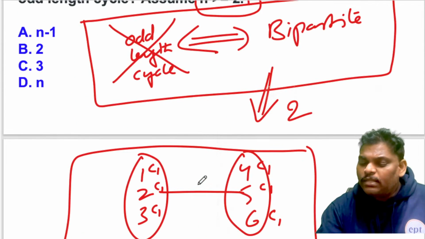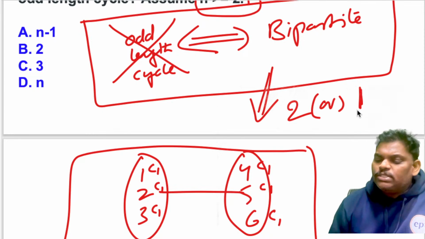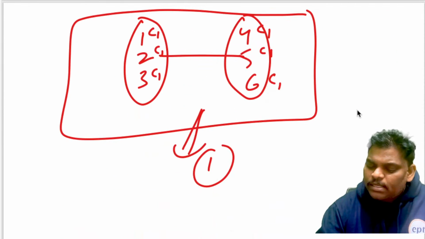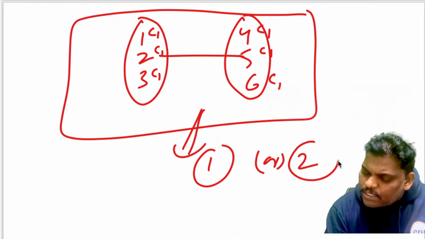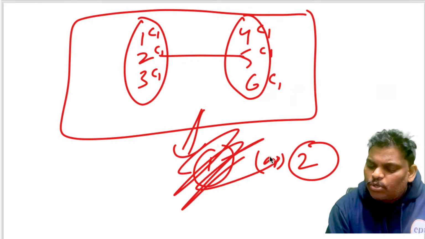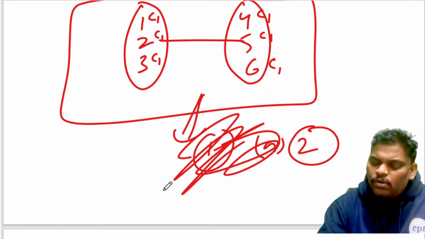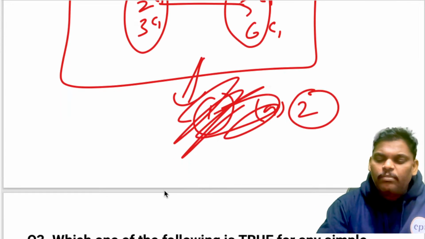Bipartite means the number of colors is 1 or 2. Because he said connected, 1 is not possible, so 2. If the connected keyword is not there, it would be 1 or 2. Because of connected, it became 2.